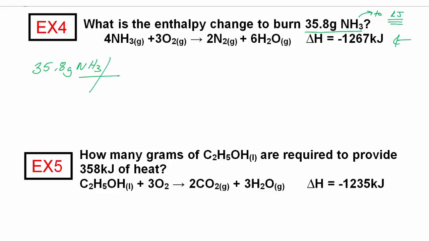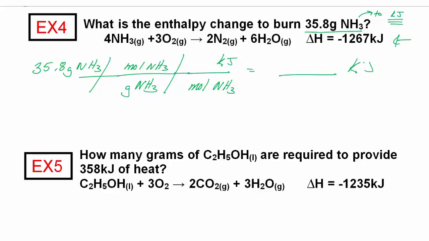Just keep converting till we get kilojoules. So we need to get it into moles first, so we can use our mole bridge. And then we're going to use our heat mole bridge ratio. And everything will cancel. We'll have kilojoules.